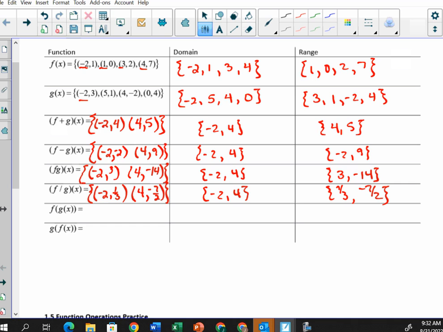Next one. 5 gives me 1, starting with that g of x again. Is there a 1 to give me something in this? Yes. What does it give me? So the point here is 5, 0. We see it? We're going to keep doing it. Original input, final output.